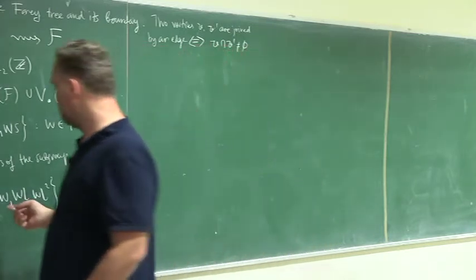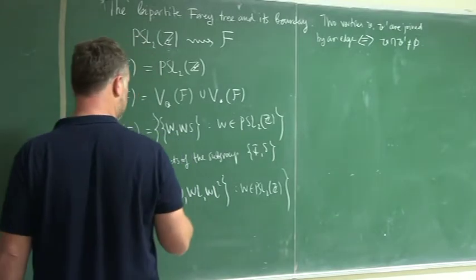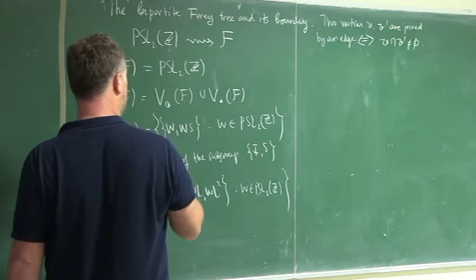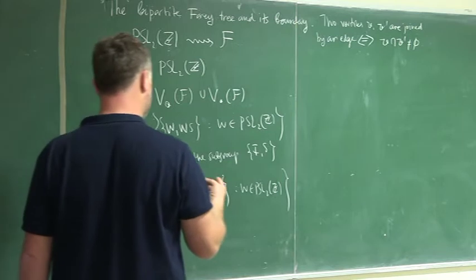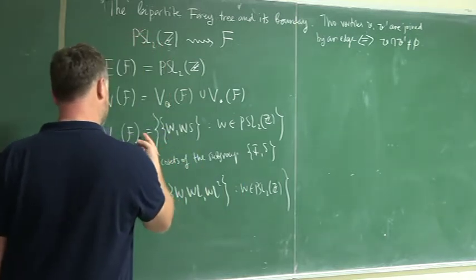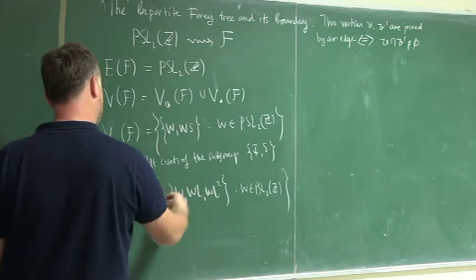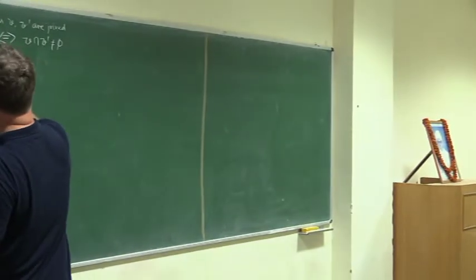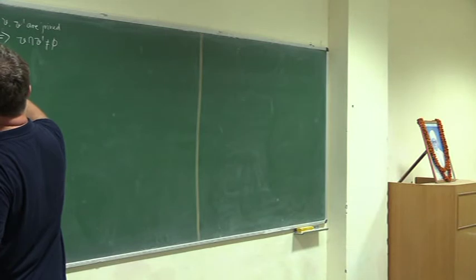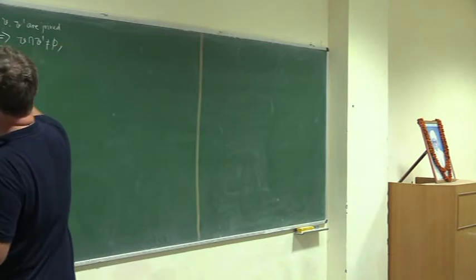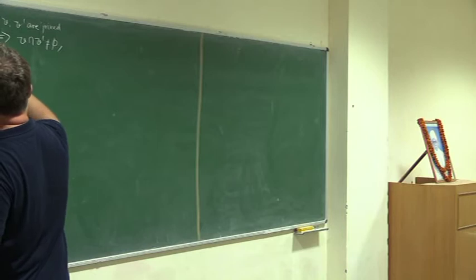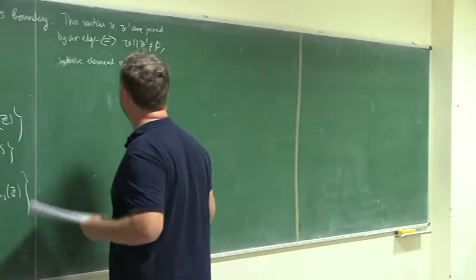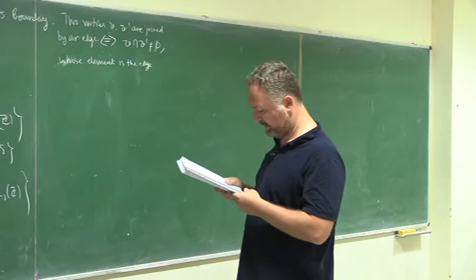That is to say, I take two vertices, and there is an edge between them if and only if the intersection of these two sets is non-empty, and the element of the intersection is the corresponding edge joining V and V prime.